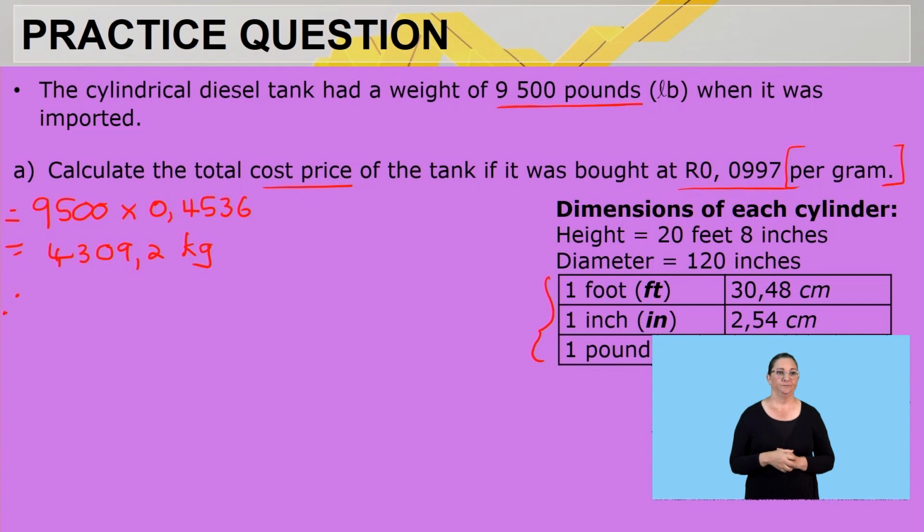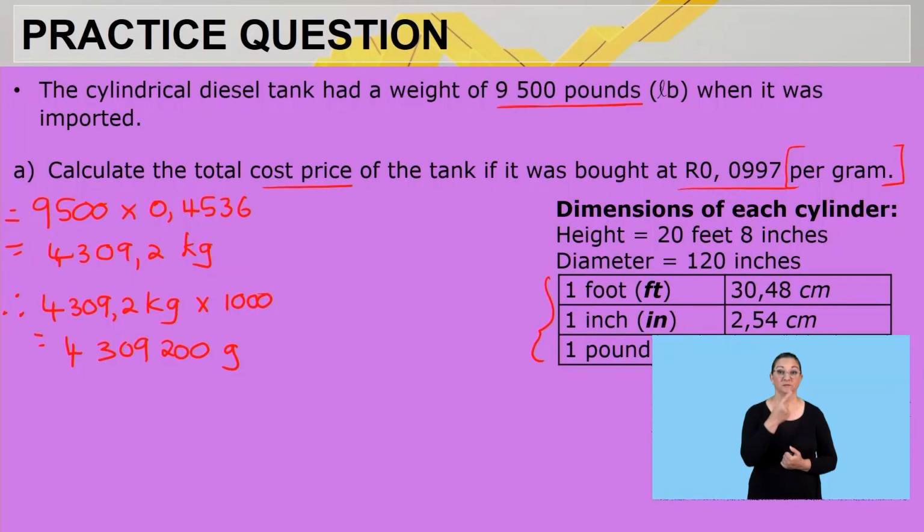So moving on to my next step, I'll take the 4,309,2 kilograms and multiply this by 1,000 to see how many grams that will be. 4,309,2 multiplied by 1,000 will give us 4,309,200. And remember, this is now in grams.